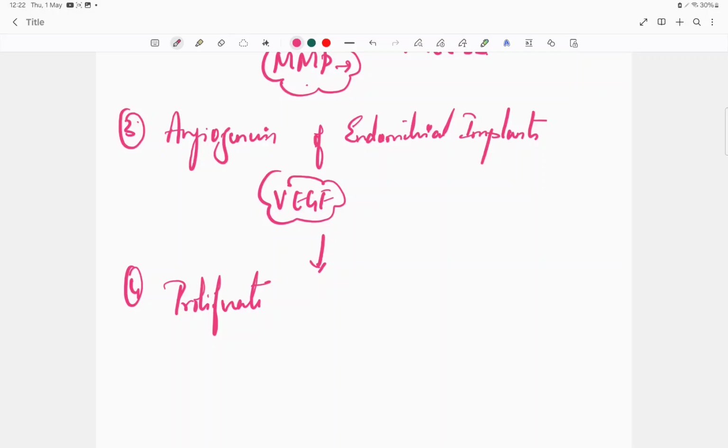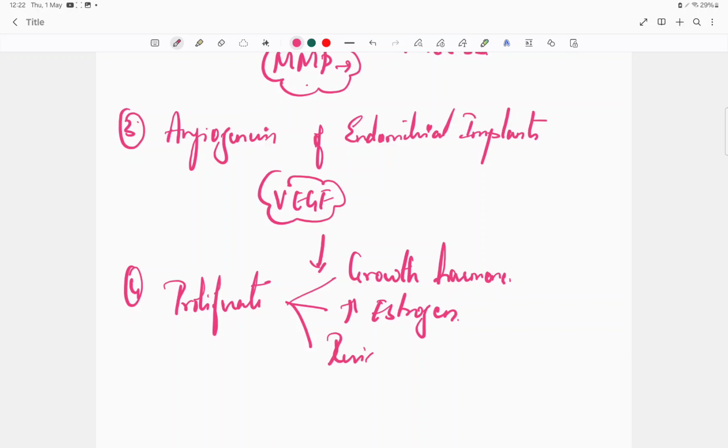This proliferation is happening because of three things. One is growth hormone. Second is increased estrogen. Third is development of resistance to progesterone, as I told you before. Got my point?